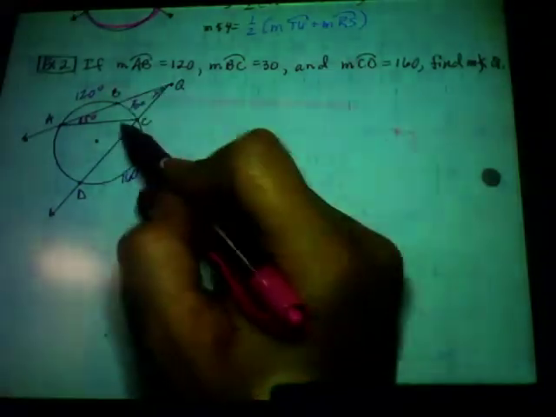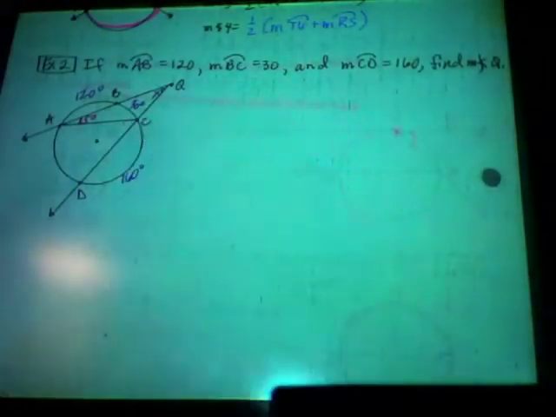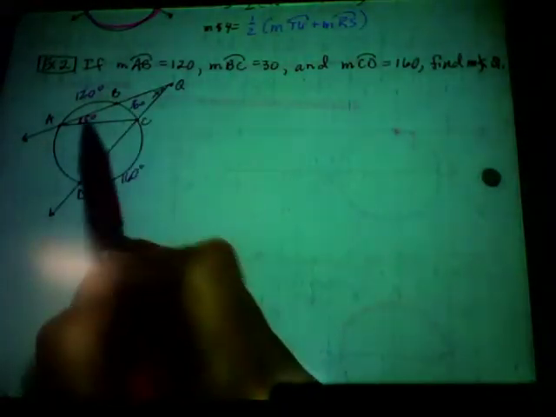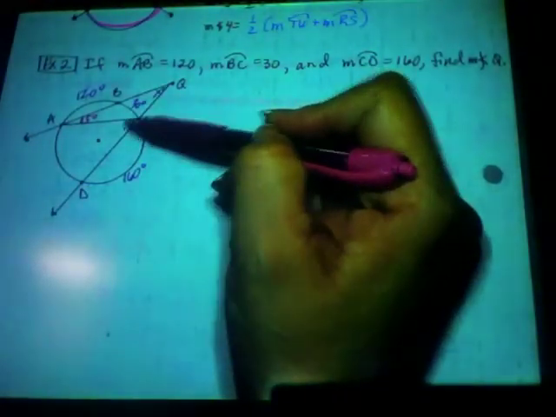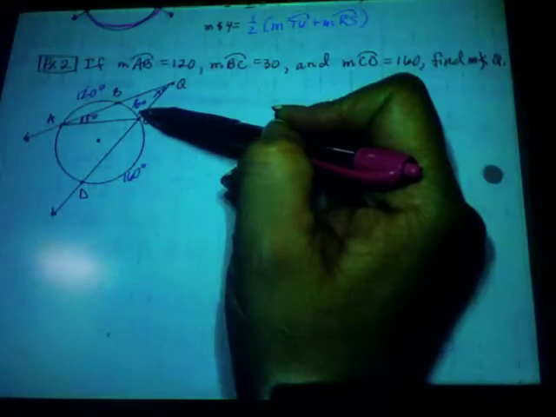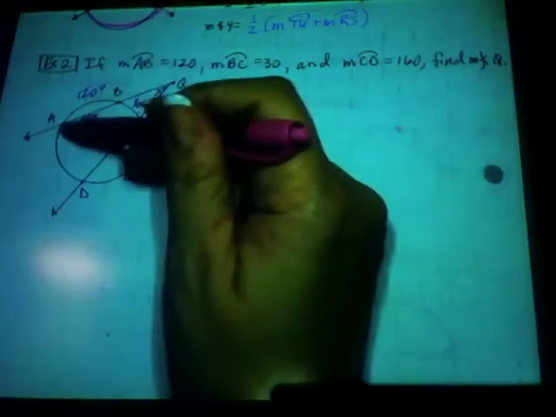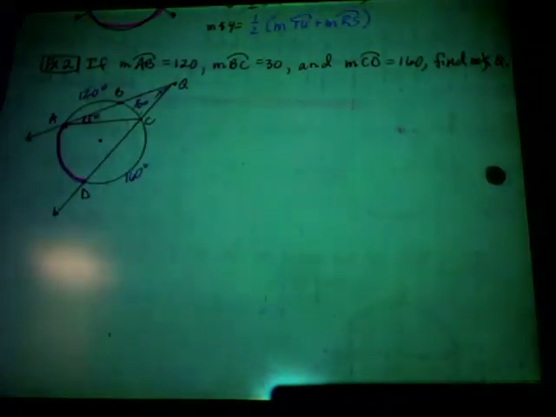If I can find the measure of angle C right here, then couldn't I add these two together and subtract them from 180? Well, in order to find the measure of angle C, it'd be a lot easier if I found this angle here, and then wouldn't I subtract it from 180 to get this angle here? So if I can find this missing arc right here, that'll be key.